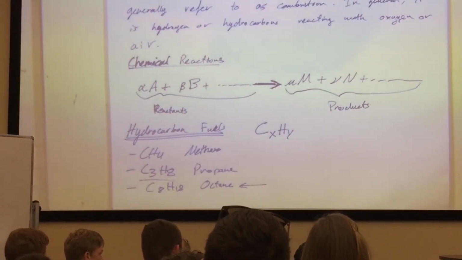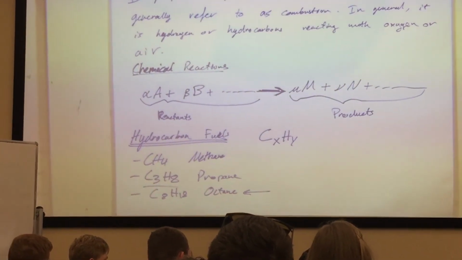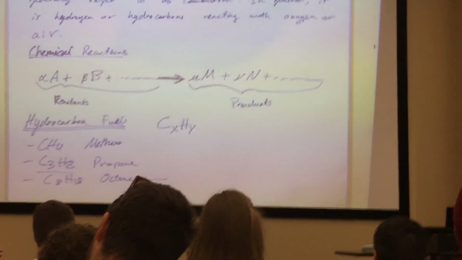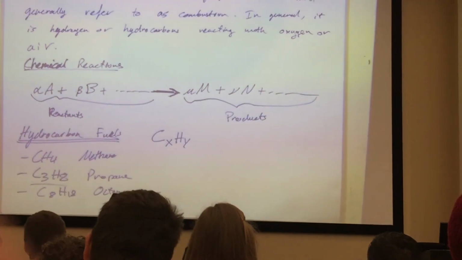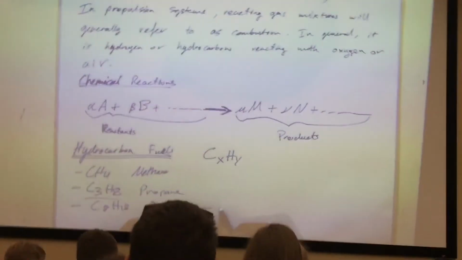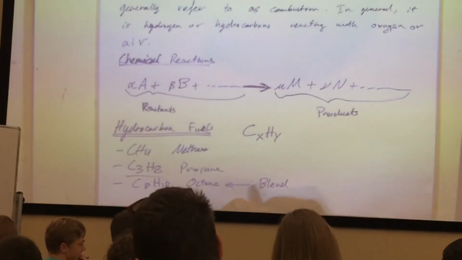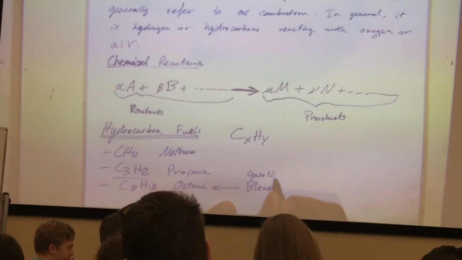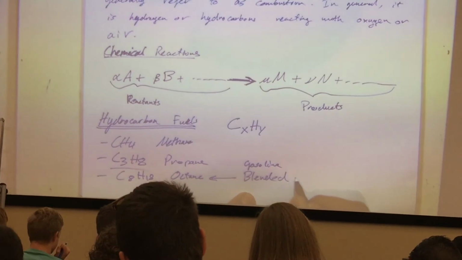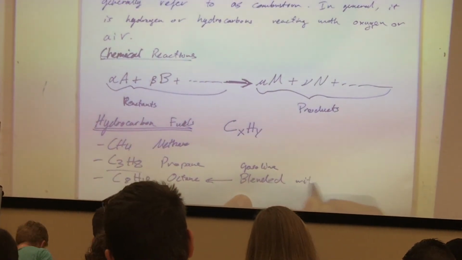Like your colleague mentioned in that question, how much entropy or work you had to do in terms of kilojoules to separate them, and that's why they actually cost more. So essentially this is blended for gasoline, blended with additives.